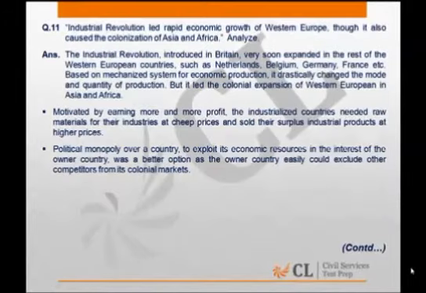So friends, now come to question number 11. Industrial revolution led to rapid economic growth of Western Europe, though it also caused the colonization of Asia and Africa. Analyze.